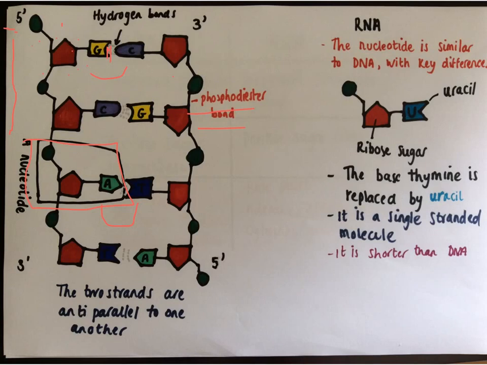And it runs down to the 3' end, so we've got 1, 2, and 3. DNA on the other side of the molecule is from the 3' end to the 5' end. So we've got 1, 2, 3, and the other way around is carbon 1, 2, 3, 4, and 5. This is what we say gives DNA its anti-parallel nature, which means the strands run in opposite directions, which is quite important when DNA replicates itself, which you'll learn about in the next lesson.